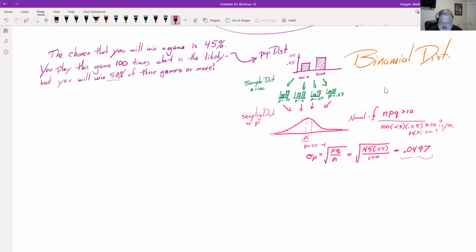So this is a normal distribution. So if we want to do it formally here, norm.cdf. We want to go from 0.5 to infinity, with a mean of 0.45 and a standard error, in this case, 0.0497.